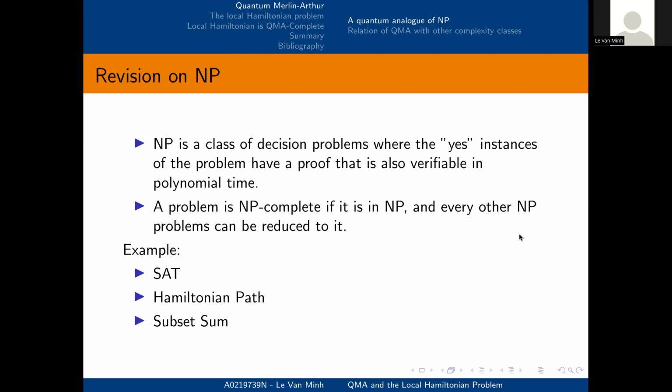Some examples of such NP-complete problems are the SAT problem, a very fundamental, very famous problem, Hamiltonian path, and subset sum, all these problems that we have gone through in CS 3230, and I hope that you are all familiar with it. Since all these problems are NP-complete, they are all polynomially equivalent to each other, so it's enough to prove that SAT is NP-complete for Hamiltonian path and subset sum to also be NP-complete.